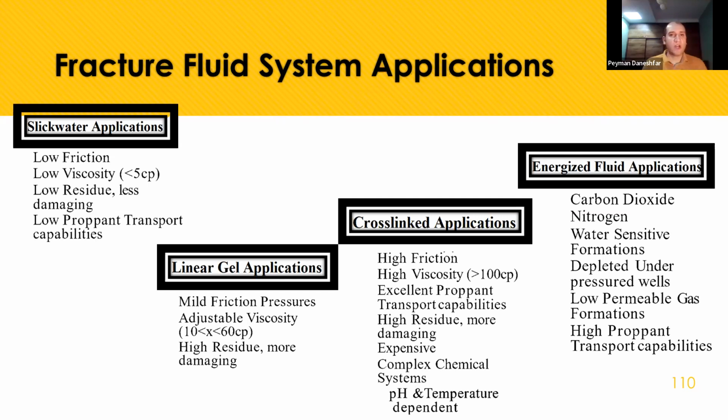A cross-linked application has high friction, high viscosity, excellent proppant transport capability, high residual, and is more damaging because breaking doesn't perform well. If the breaker additive does its job better, it will give a better cross-linked gel application.